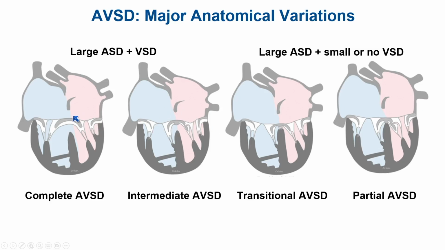You would need to know if there's a large ASD or large VSD, like in the intermediate AVSD as well, even if you have two orifices, or do you have a large ASD and a small or no VSD, because that defines what happens after birth in terms of surgical planning and also the repair you have to do.